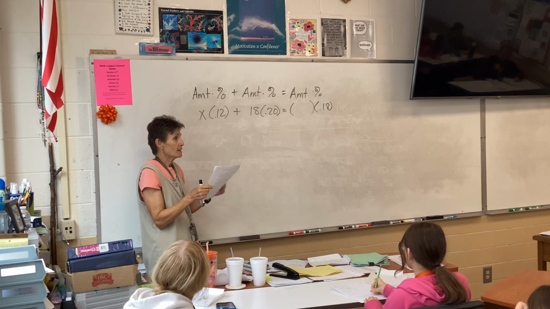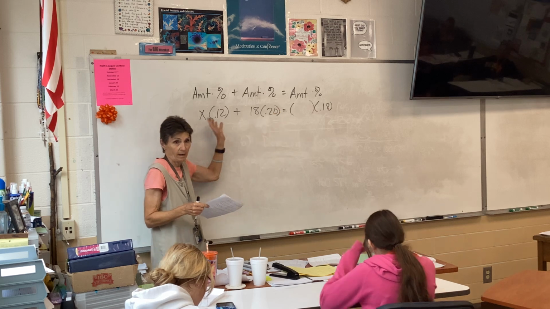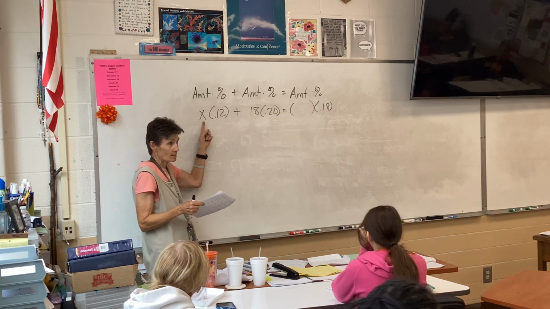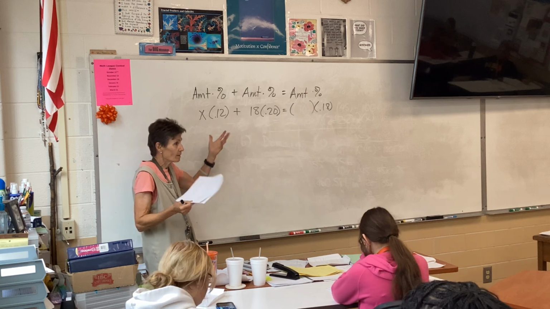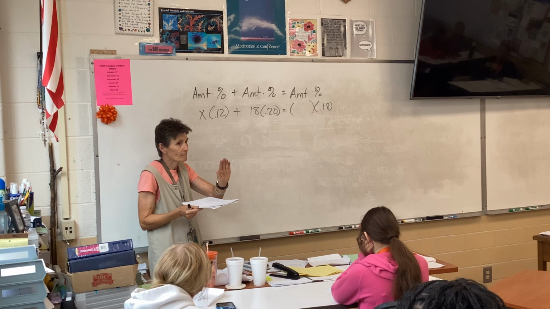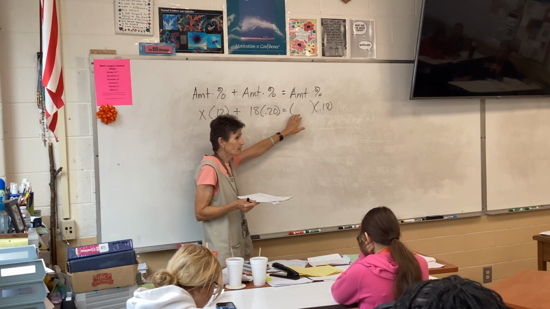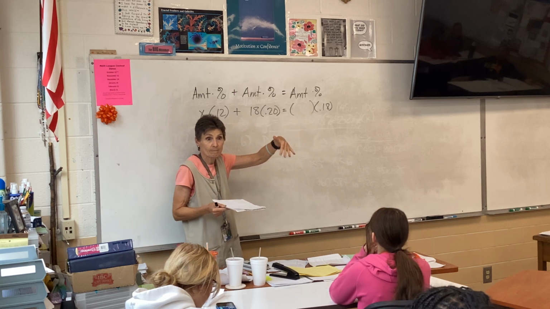Now, all I've done is plug the numbers from the problem into my little formula. I put an X here because it said how much, so I put X. Now notice, and this will always happen, there's one little thing here that I don't know. It's not filled in.